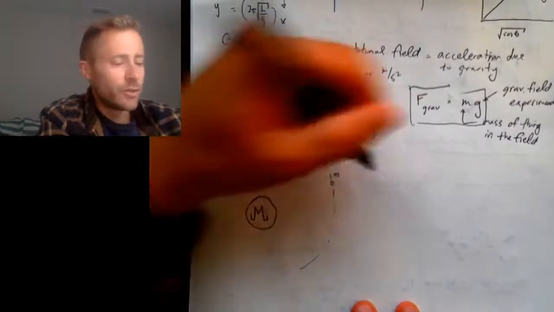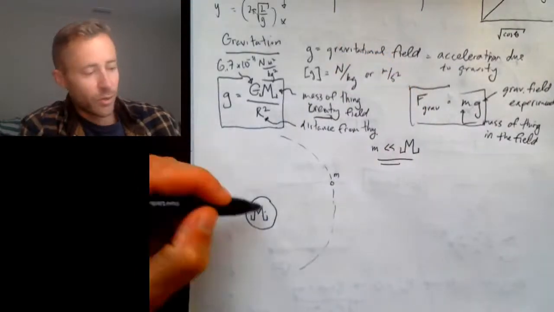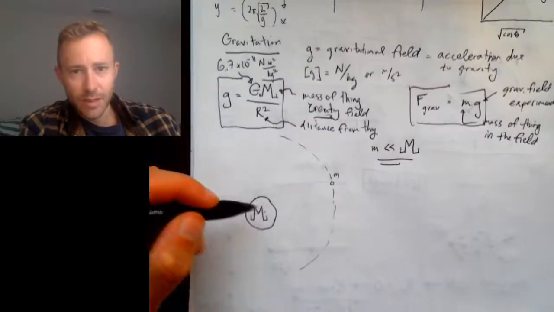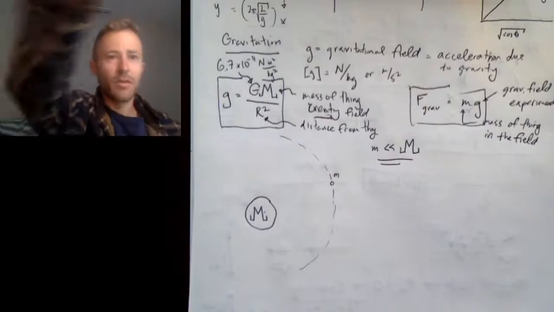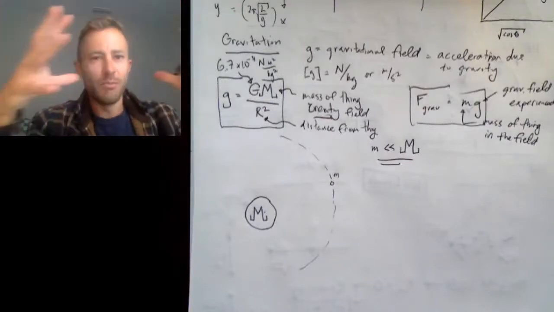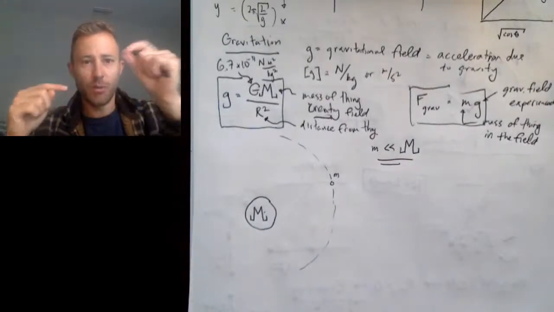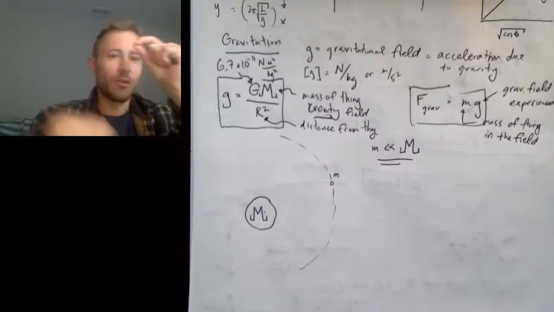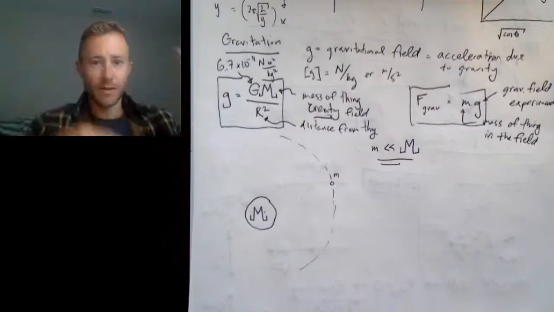We are going to assume that little m is much less than big M. Okay? And what that means is that the central mass is going to just be perfectly still. Like the Earth orbiting the sun doesn't really move the sun around very much. But if you had two objects that have similar masses, then it's not like one is in the middle and the other one orbits around it. They orbit around each other, like this.